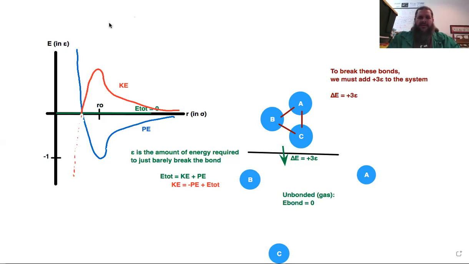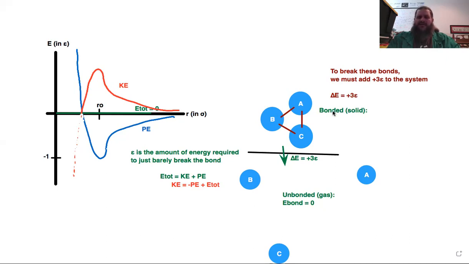Whereas if they are bonded, what phase would you say that's in if they're bonded together like this? Liquid? I think in this case I would call it a solid. A liquid is sort of an in-between situation where the particles have some bonds.